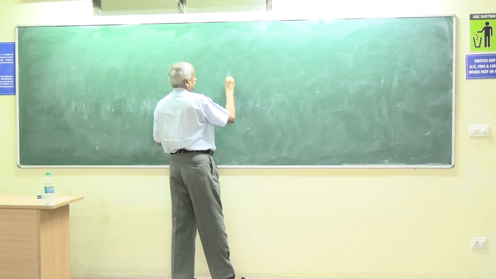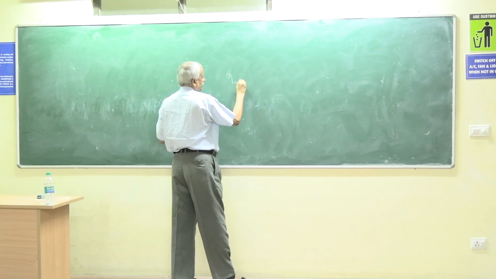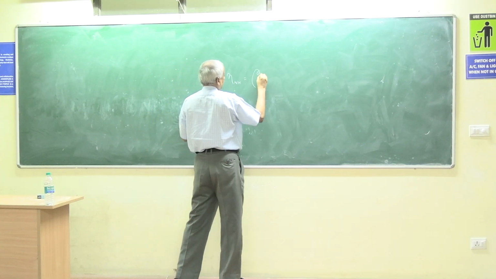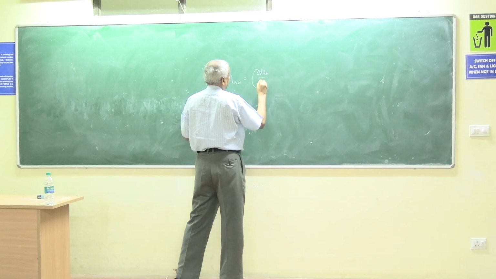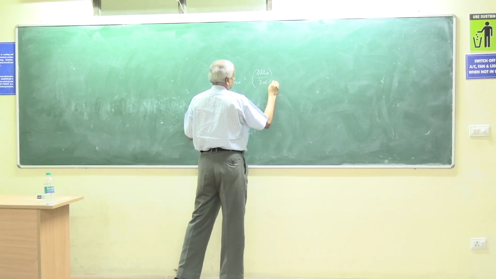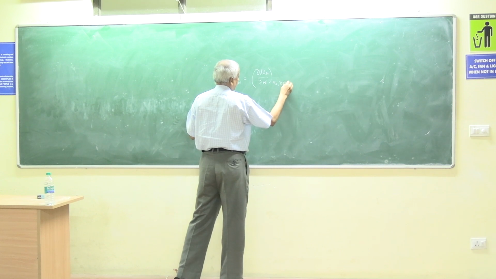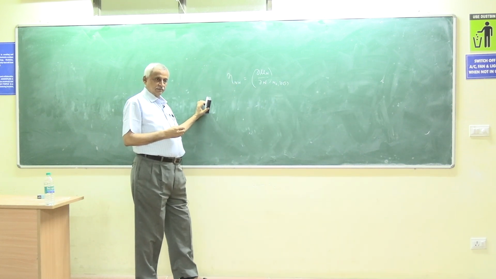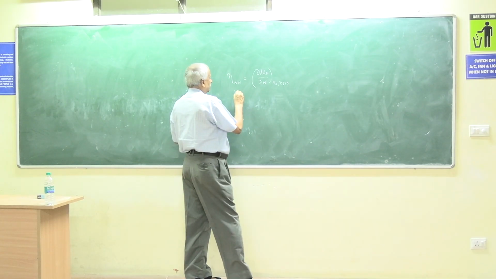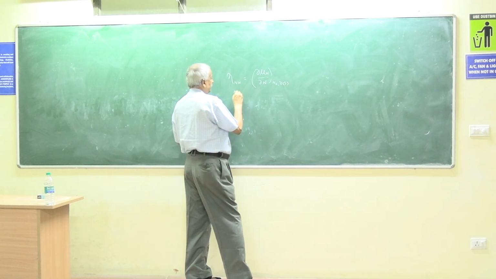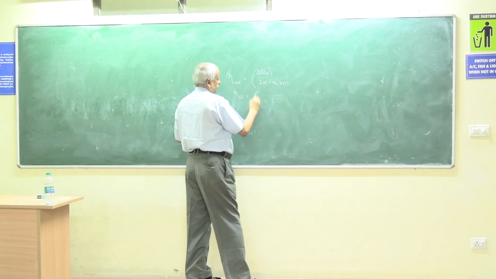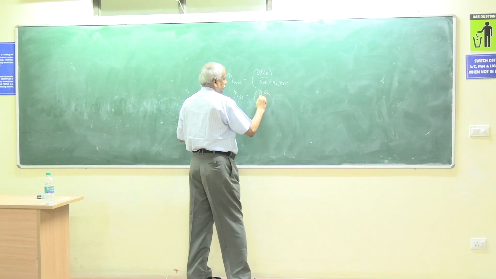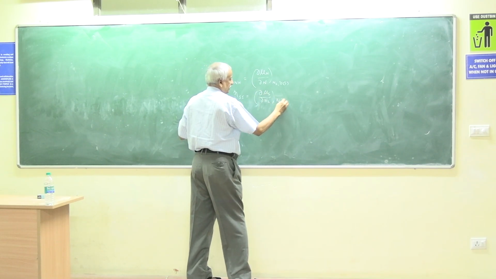You can have eta n n, that is del mu n del n at fixed ns and Vr. Then eta s s is del mu s del ns at n Vr.